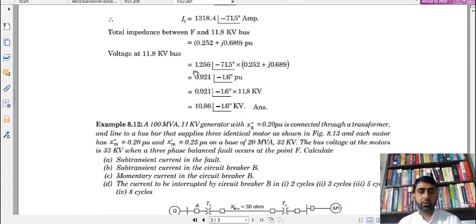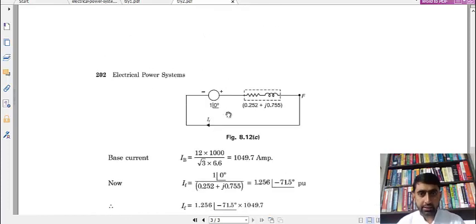So the total voltage will be 0.1256 at an angle of this, that is the fault current multiplied by this impedance, which comes out to be this value. And when we multiply it with the actual base value voltage, it comes out to be 10.86 at an angle of minus 1.6 degrees kV. This is the voltage at the 11 kV bus.